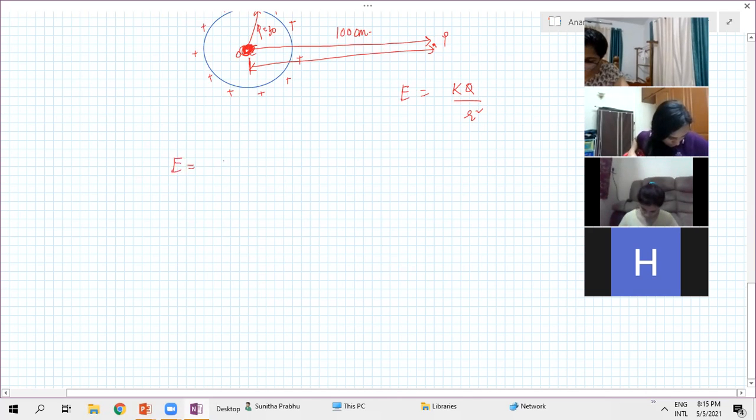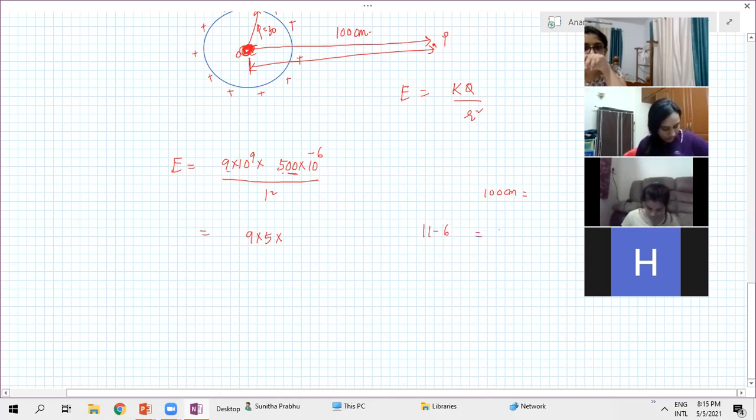E is equal to 9 into 10 raised to 9, 500 microcoulombs, 500 into 10 to the power of minus 6, divided by 100 centimeters. 100 centimeters means how many meters? 1 meter. So it will be 9 into 5, this is 10 raised to 2. 9 plus 2 is 11, 11 minus 6 is 5.